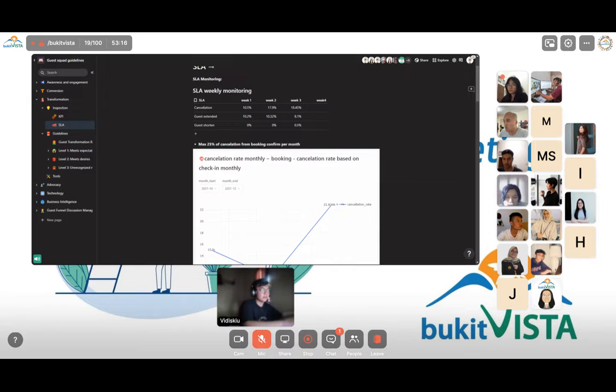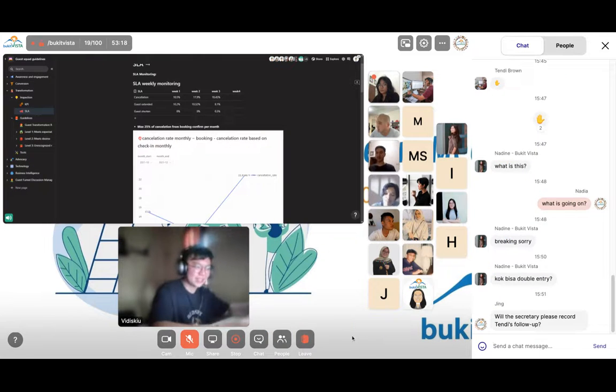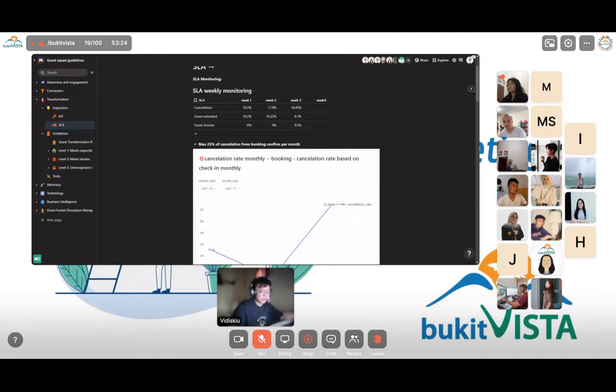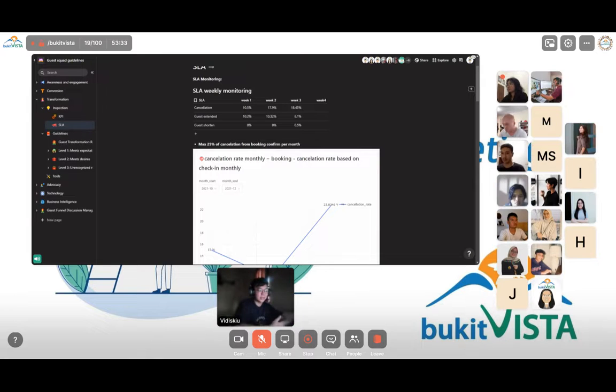This is basically the case where we are not adopting the guideline well. I believe the booking itself is not entered in Bigger, and that's why the host is also confused whether we have to do the normal hosting process. It's not even in the list basically, right? And this is, if I understand correctly, an adoption issue. Over to Nadine. Do you have any visibility on this?